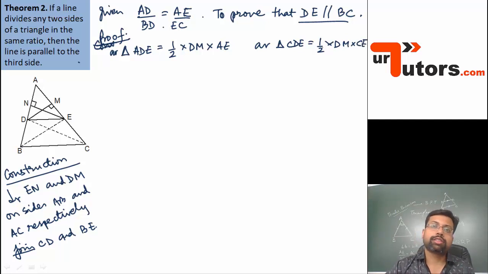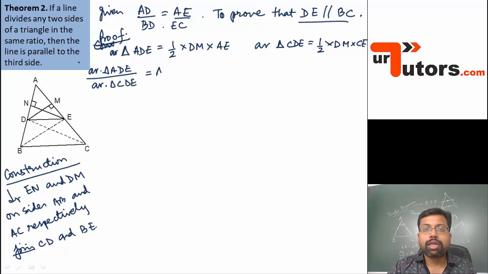Isn't it? Just like we did in the last case. Again, we take the ratio. So you have area of triangle ADE divided by area of triangle CDE equal to AE by CE. Okay, so we have this as the first equation.